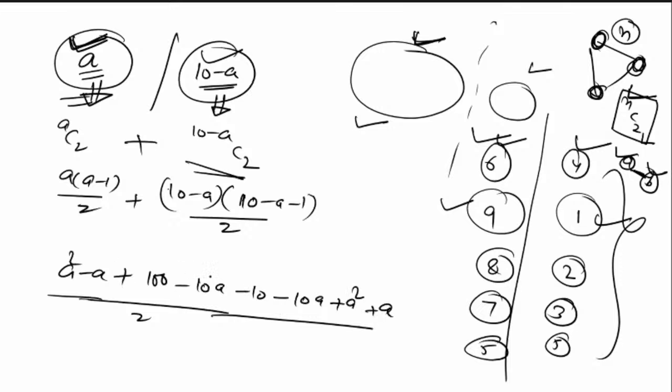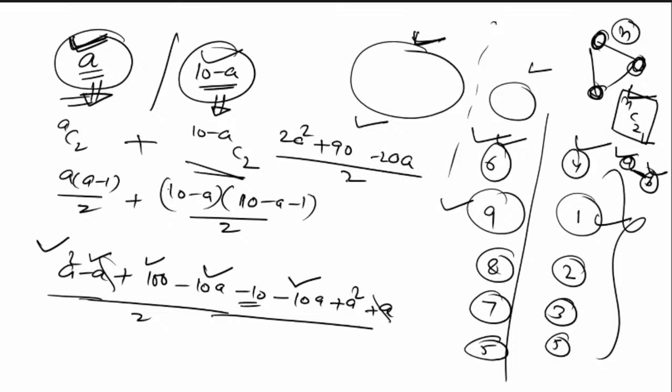Now minus 10a minus 10a means minus 20a, and minus 21a plus a, so the a will cancel out. Basically minus 20a, a square plus a square is 2a square, and 100 minus 10 is 90, divided by 2. Finally if you divide by 2, you will get a square minus 10a plus 45.